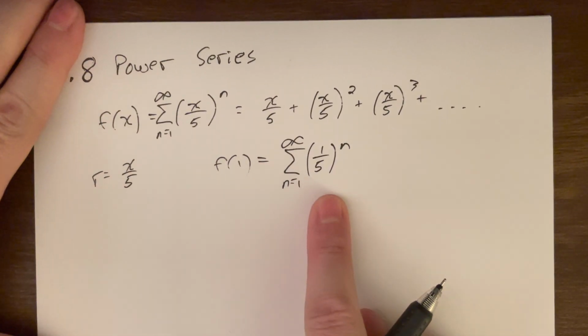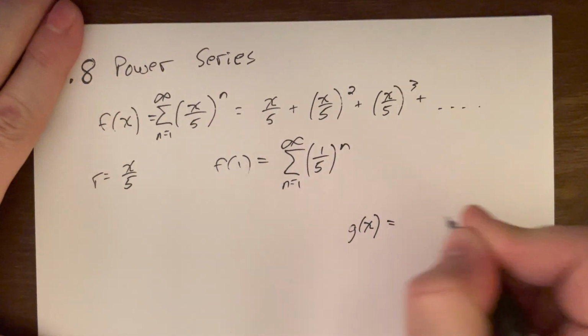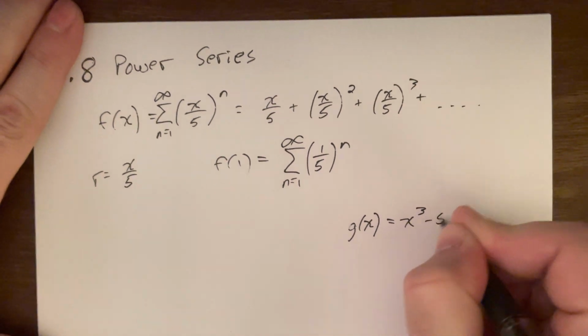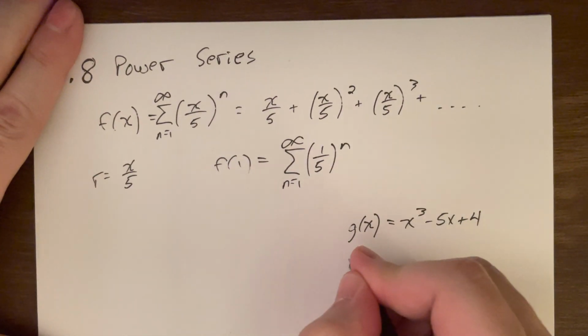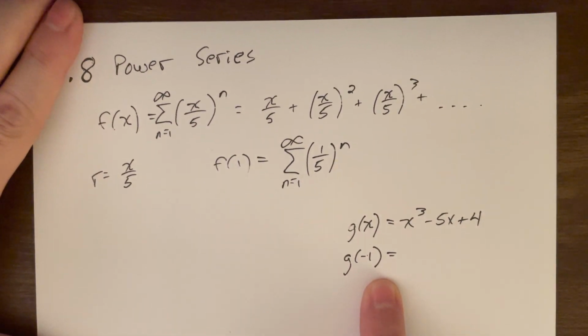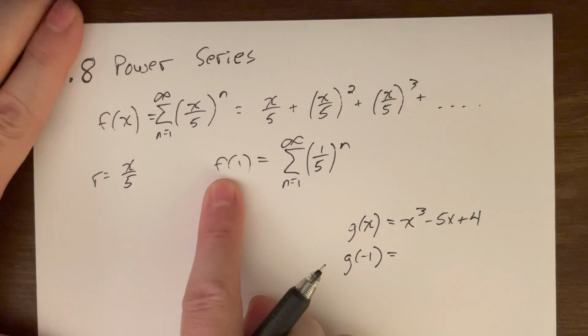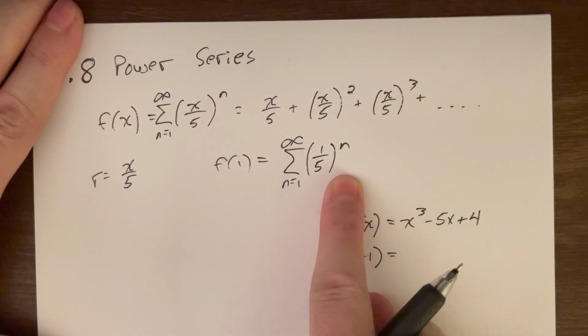The equivalent right here, let me use a secondary function, and let's keep this simple. We'll let g of x be x cubed minus 5x plus 4. And if I ask you, what is g of negative 1? Well, literally, just like I did here with positive 1, I replaced the x here on the notation, so I did that on the other side as well.